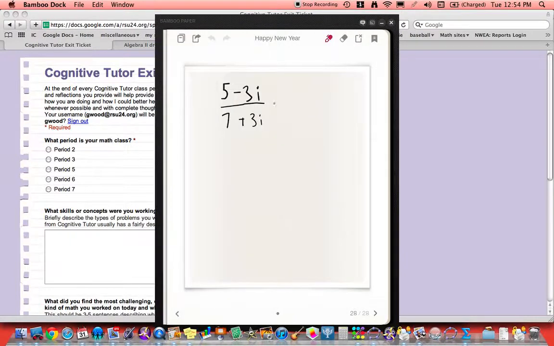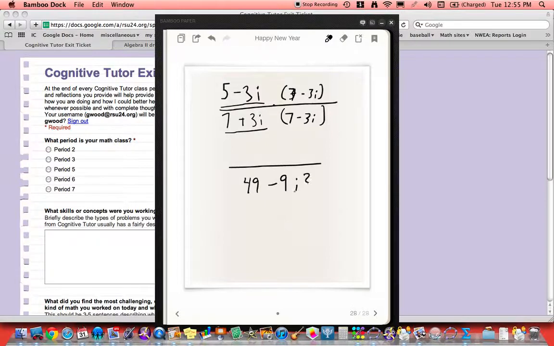Quickly, what do we do? I'll show you very quickly what you do. We're going to multiply by a form of 1. That form of 1 is going to be the conjugate of 7 plus 3i, which is 7 minus 3i. 7 plus 3i times 7 minus 3i is going to be 7 squared minus 3i squared. So it's 49 minus 9i squared.